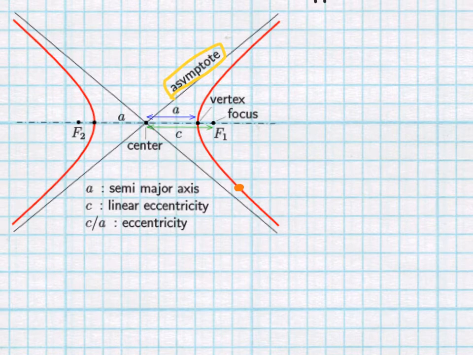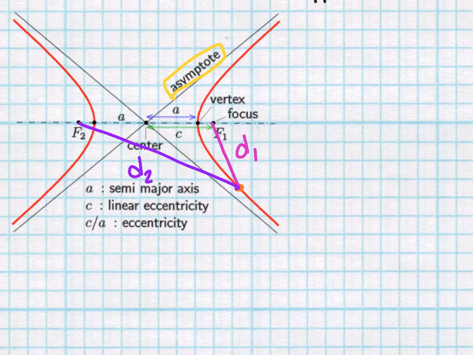What I'm saying when I say the difference of the distances from any point to each of the foci, I'm going to measure from this point to this focus, and let's call that distance 1. Then I'm going to measure from this point to the other focus, call that distance 2. The difference between these points will be the same for any point I could pick on the hyperbola.